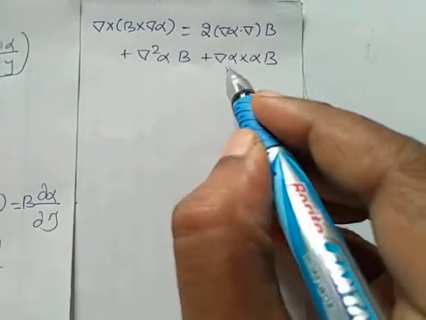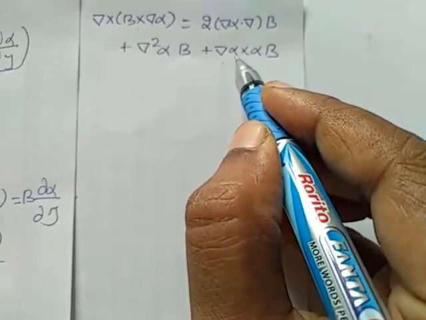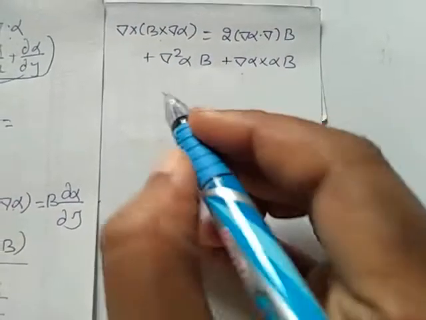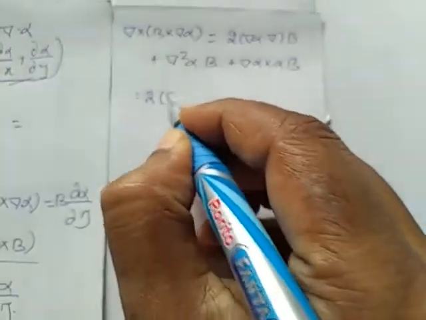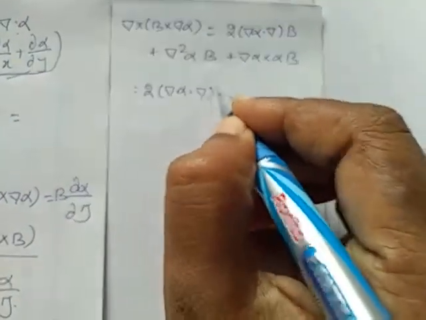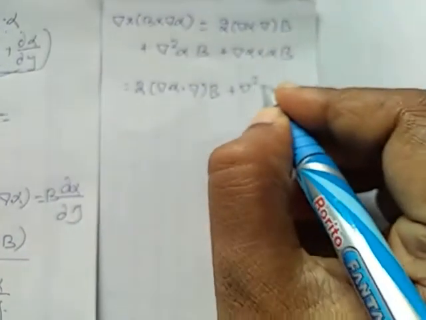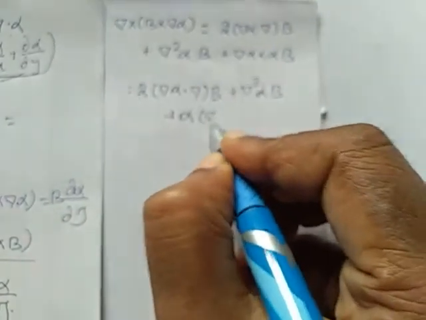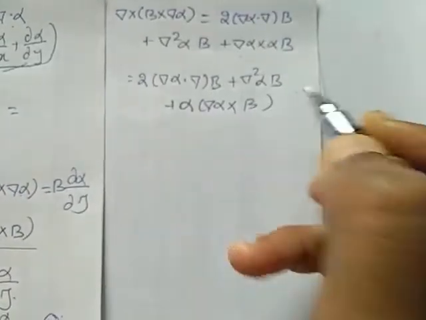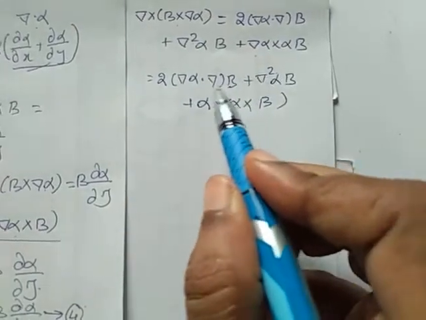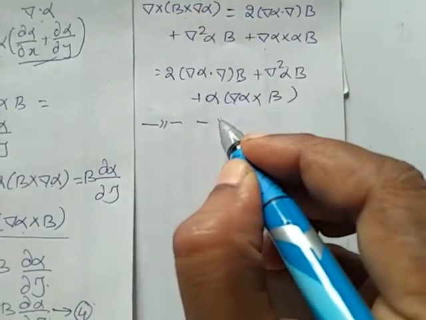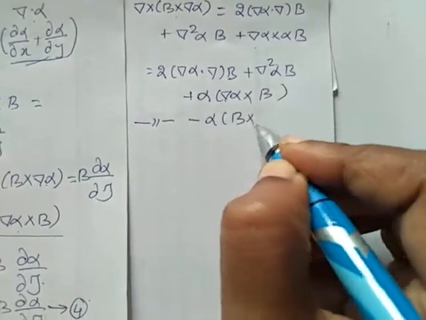We can write this term as del alpha cross alpha B, as alpha is constant, alpha cross del alpha B. So we can write the RHS as 2 of del alpha dot del B plus del square alpha B plus alpha into del alpha cross B. This term we can write as minus alpha into B cross del alpha, all other terms remain as they are.